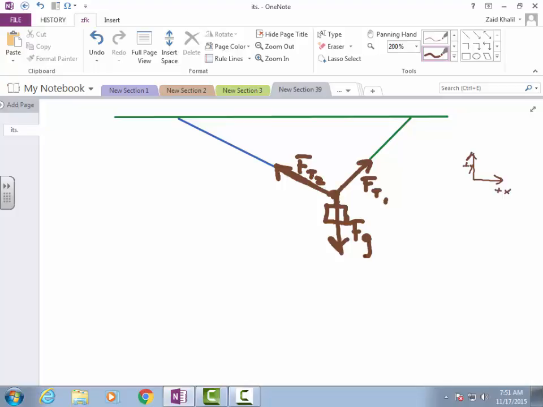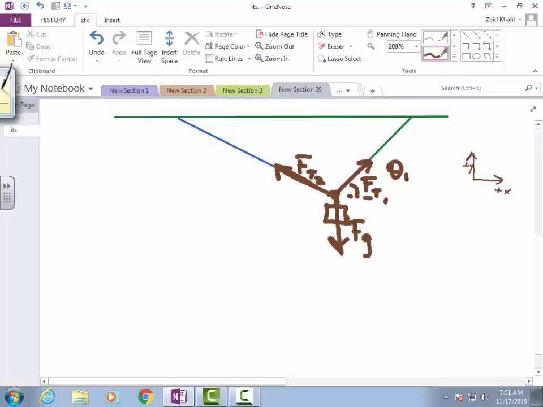So when I go and write Newton's second law, I got to make sure that I account for that properly. You'll see that it's not so obvious when you actually do it the formal way. So let's take everything with respect to the positive x-axis. So then what's this angle going to be? What do you want to call that angle? Let's call it theta 1.